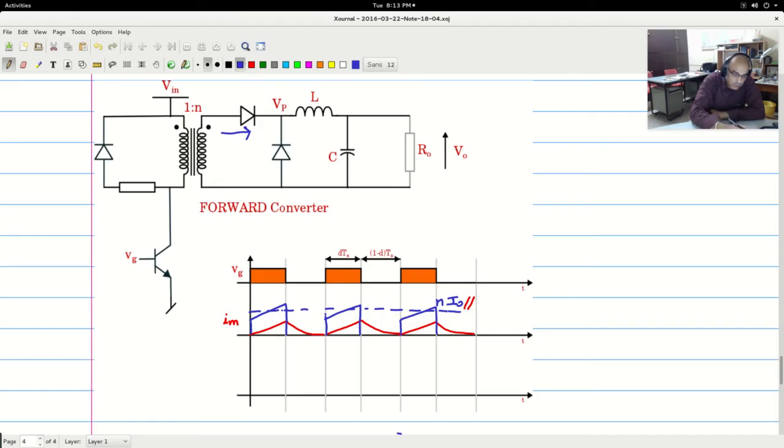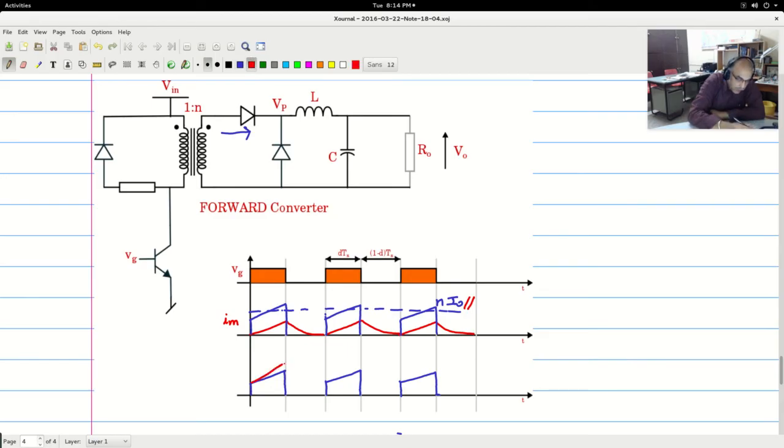Now the load reflected part plus the magnetizing part is the current that will flow through the switch. I will draw the load reflected part like this, and to that let us add the magnetizing part, that is this one.